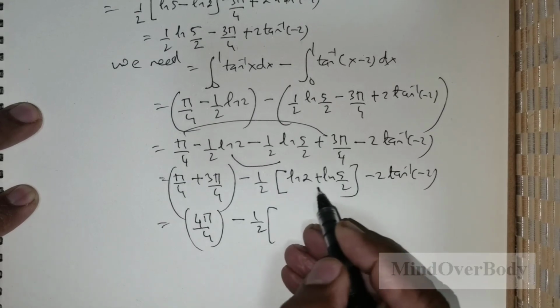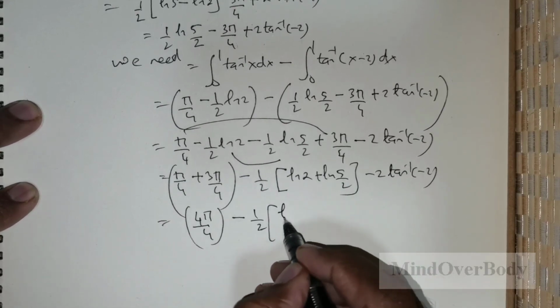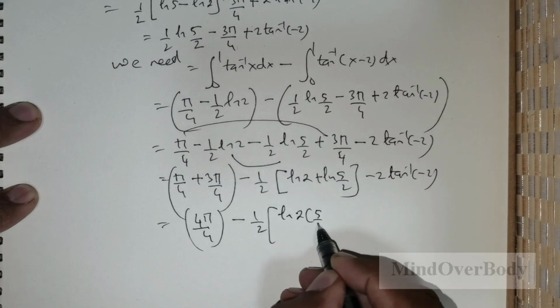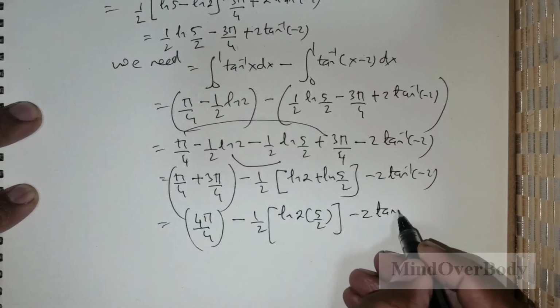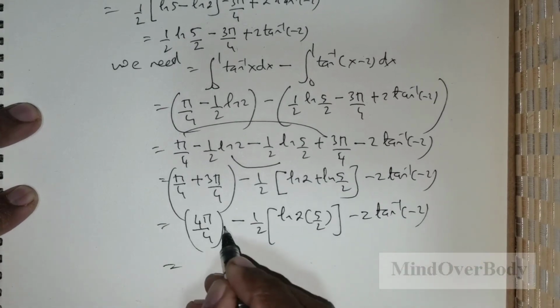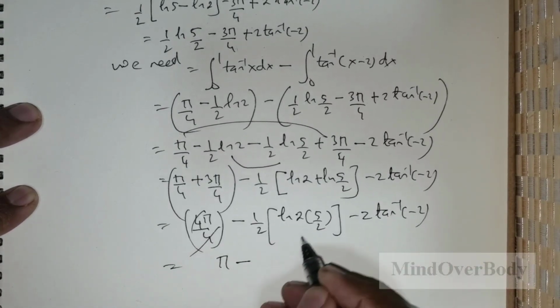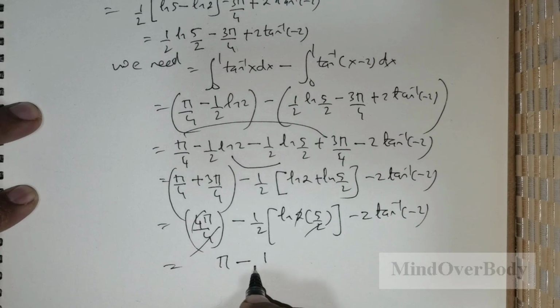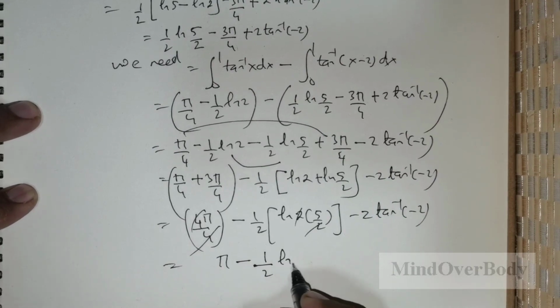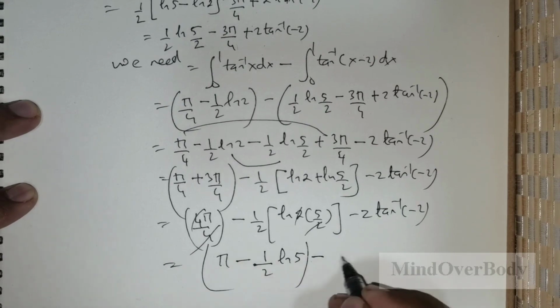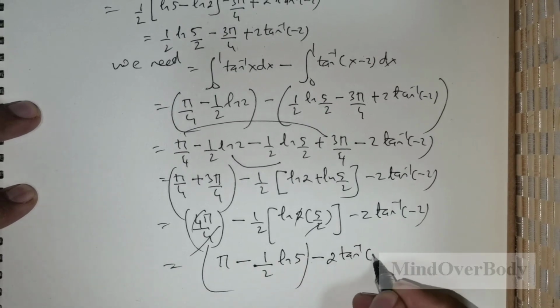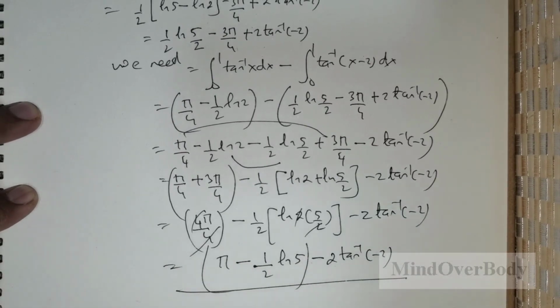When you use logarithmic rules, this would be ln of 2 times 5 over 2, followed by minus 2 times tan inverse of negative 2. This is pi minus 2, can be cancelled, giving you negative 1 over 2 times ln 5 and then minus 2 times tan inverse of negative 2. So this is the final answer to the question.